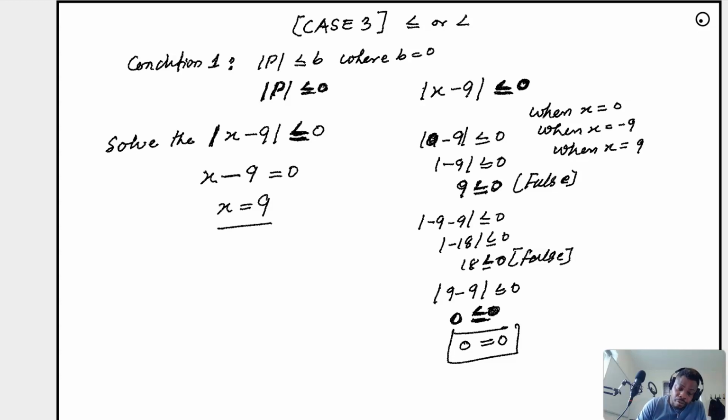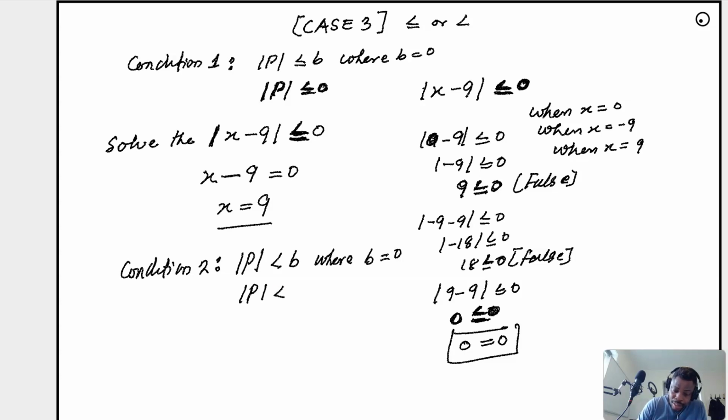Okay. Now for condition 2, modulus less than b, where b is equal to 0. That means modulus p is less than 0. In this case, we are talking about, for an example, the modulus of x minus 9 less than 0.